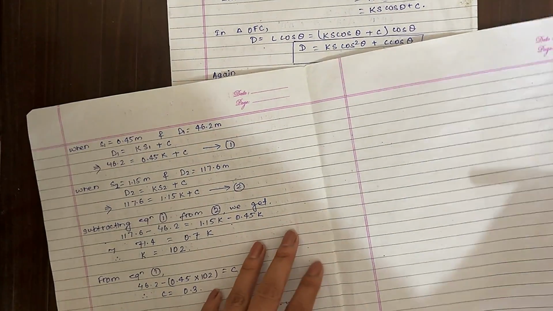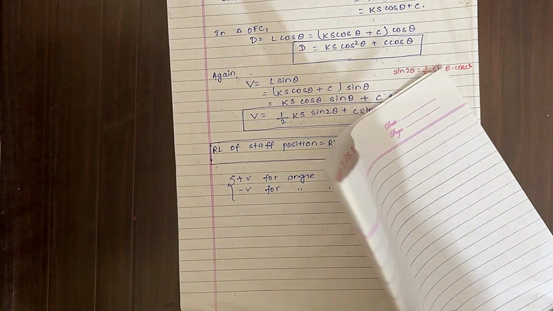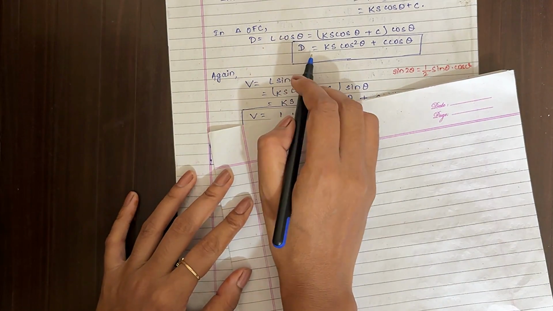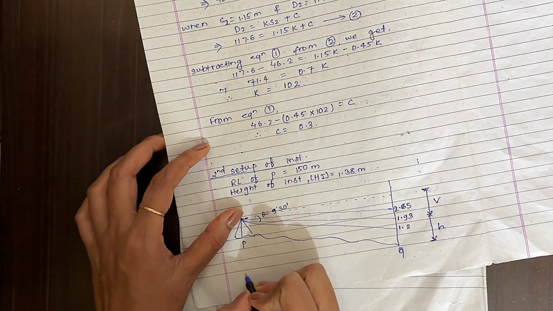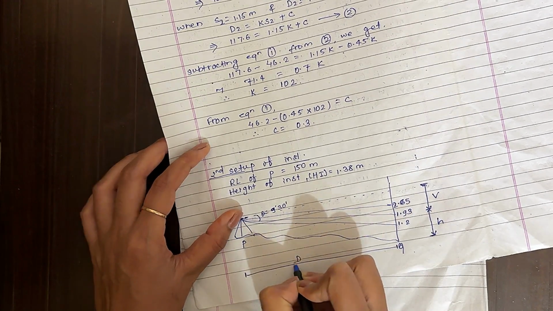So we have a formula for the horizontal distance. This is the horizontal distance D of PQ.